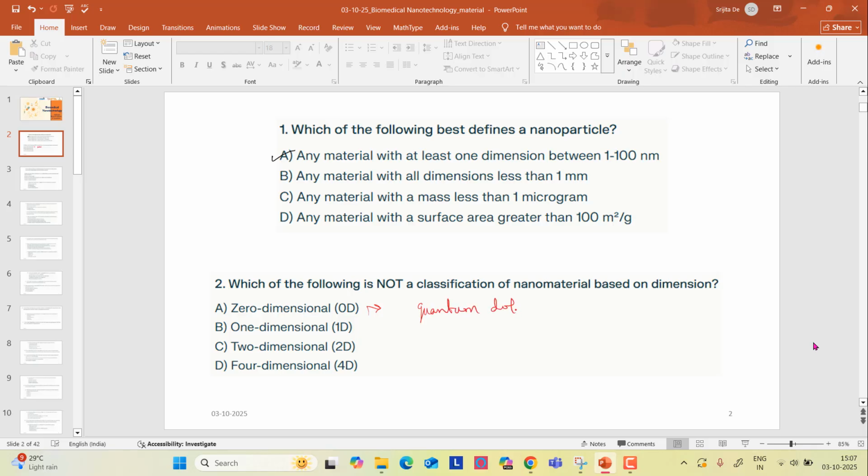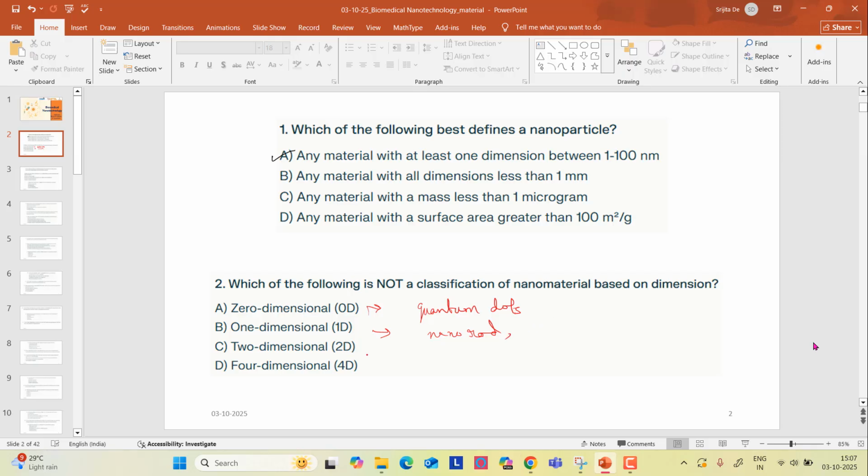Similarly, one dimensional means two dimensions are less than the nanometer range, and one dimension is greater than the nanometer range. You can remember the dimension of a nanorod or nanowire.